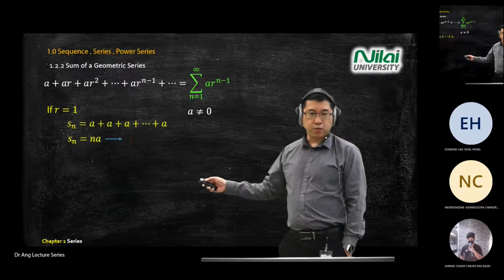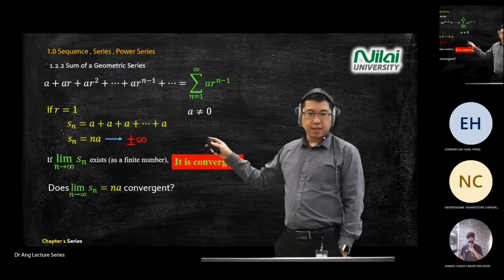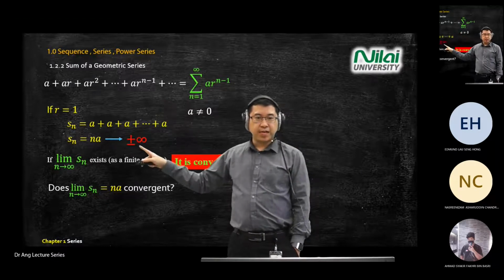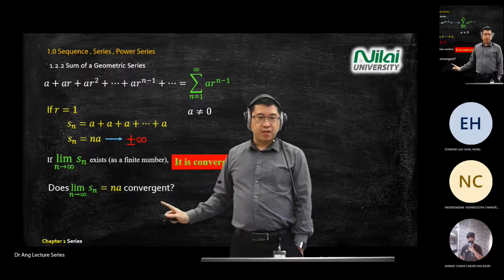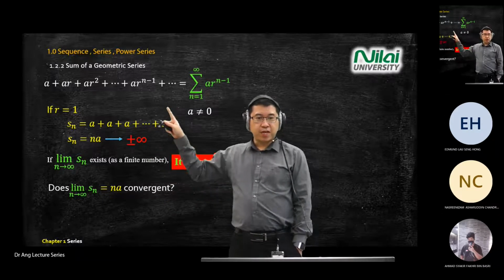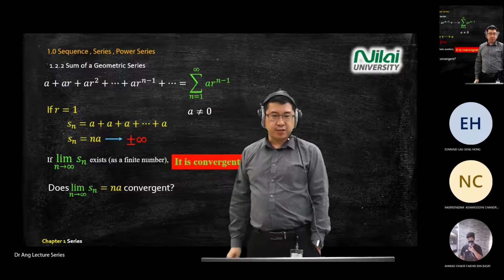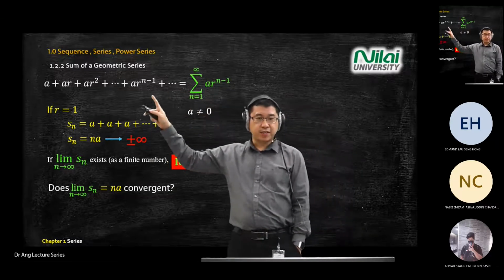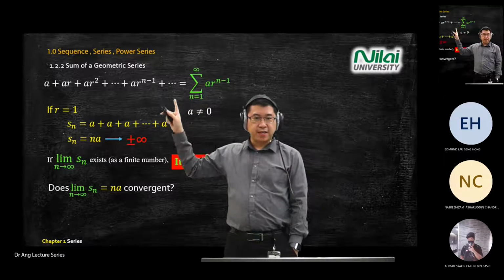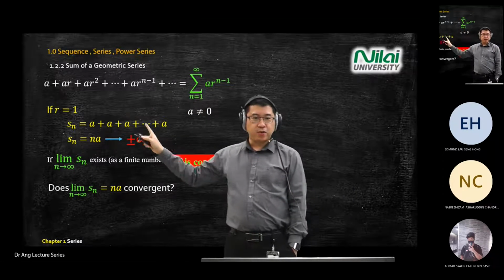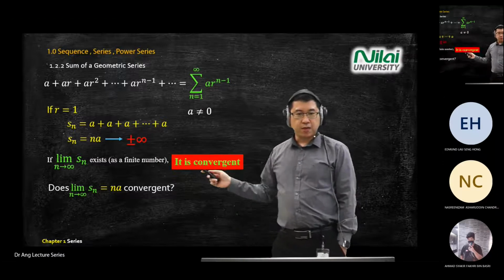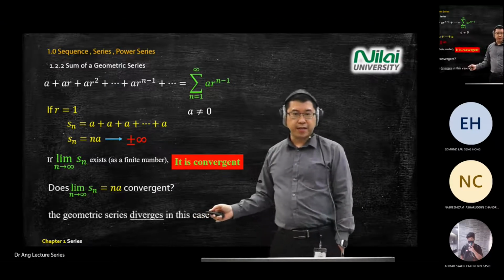If R equals 1, our geometric series will become infinity. So when R equals 1, the geometric series becomes divergent. Remember that: if you see a geometric series and R equals 1, you'll get a divergent series, so you won't get one fixed number.